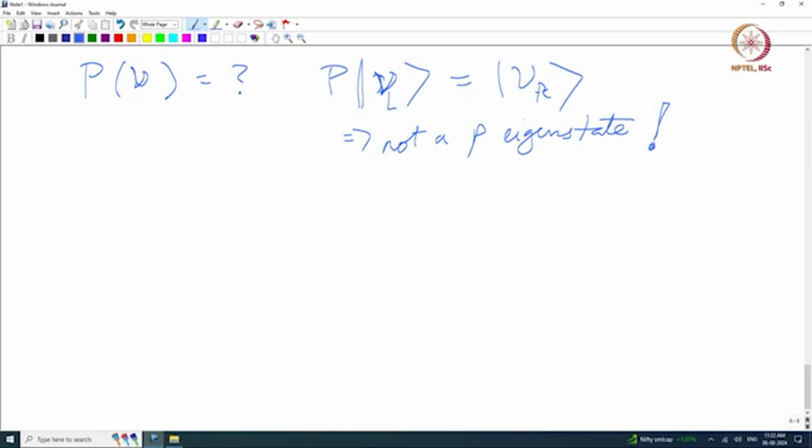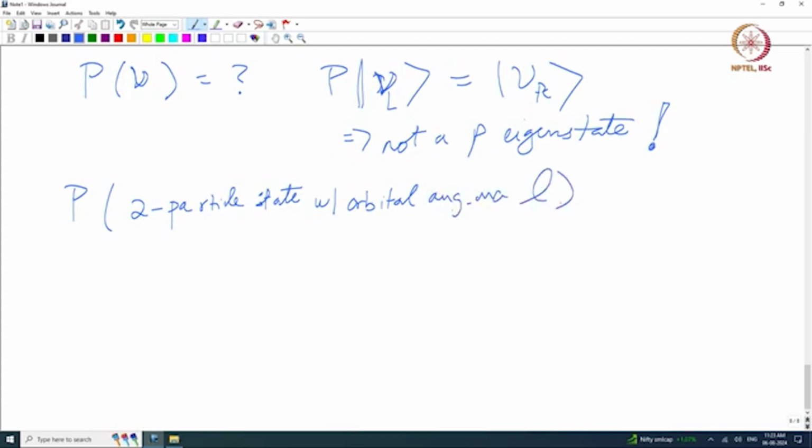And finally, the parity of a 2-particle state with orbital angular momentum L turns out to be (-1) to the power L. And this is something that you can see for instance in the case of the hydrogen atom in your quantum mechanics.